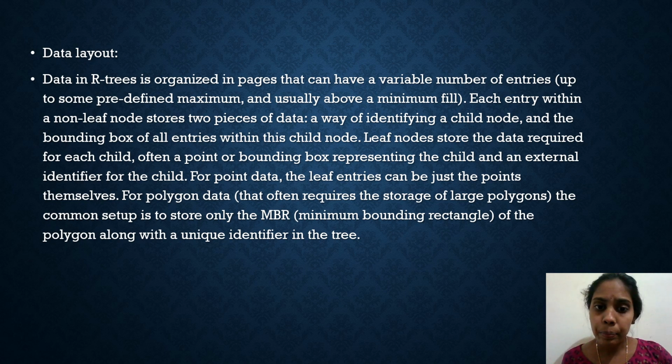For point data, the leaf entries can be just the points themselves. For polygon data, which often requires the storage of large polygons, the common setup is to store only the MBR, minimum bounding rectangle, of the polygon along with a unique identifier in the tree.